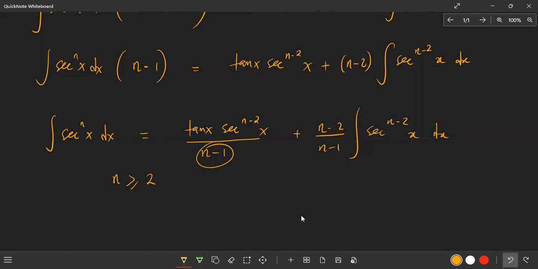So you have to make sure that the denominator is not equal to 0. If you put a 1 here, just notice that you're going to have a 0. So I'm trying to avoid that.